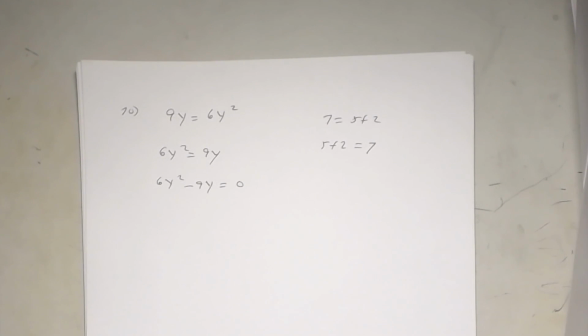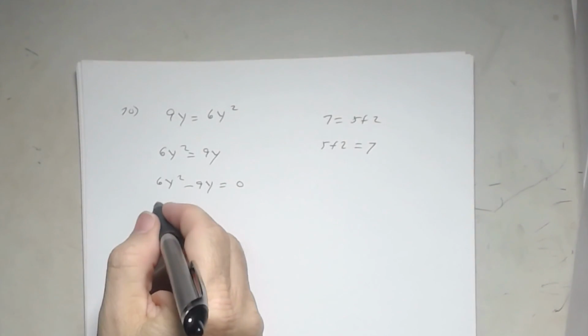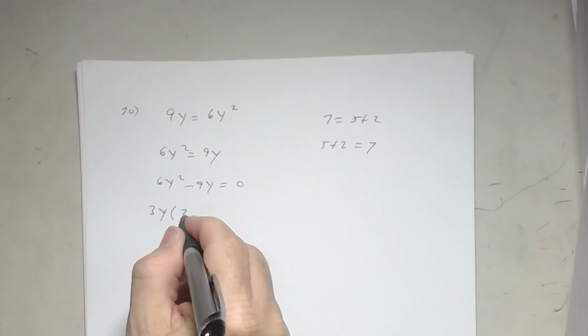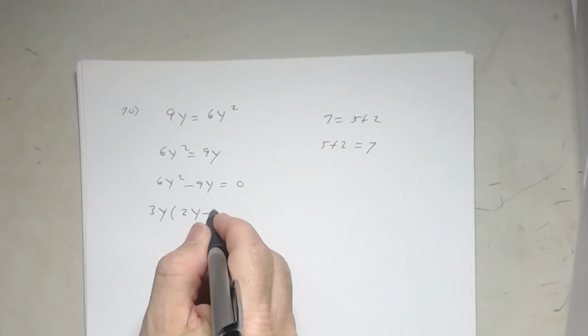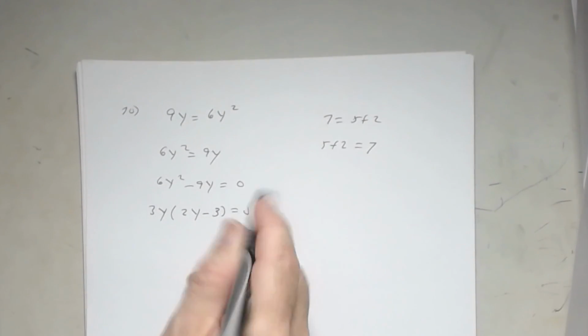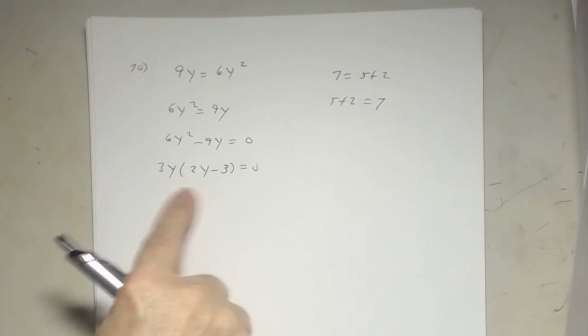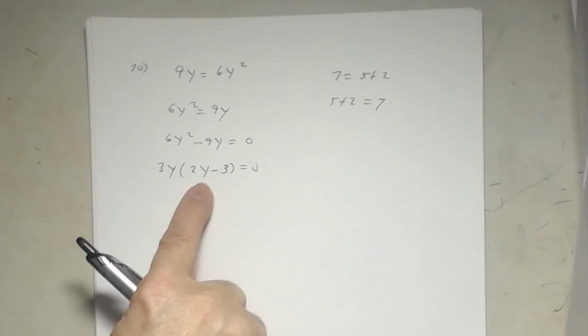What are you going to do next? Factor. GCF. The GCF was 3y. So I can factor out the 3y times 2y minus 3 equals 0. Can I factor any further? No. You can't factor 2y minus 3.